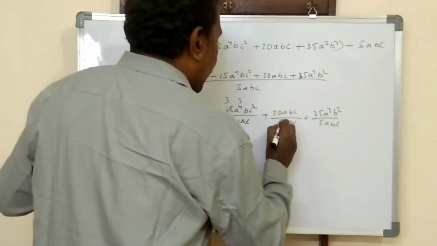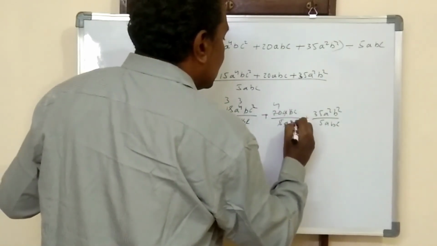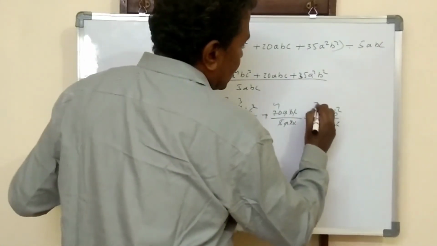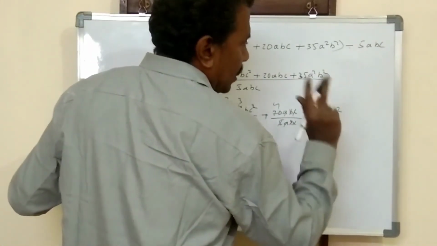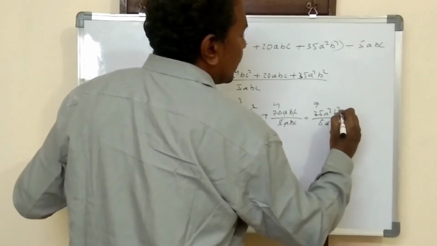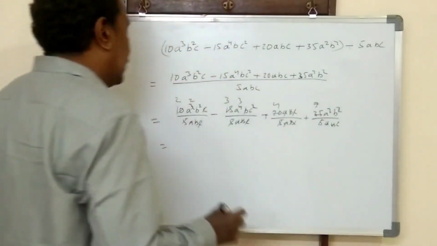Here 5 4s are 20, abc all cancelled. 5 7s are 35, a square, 1 a will be cancelled, b square, 1 b will be cancelled, and there is no c in the numerator.